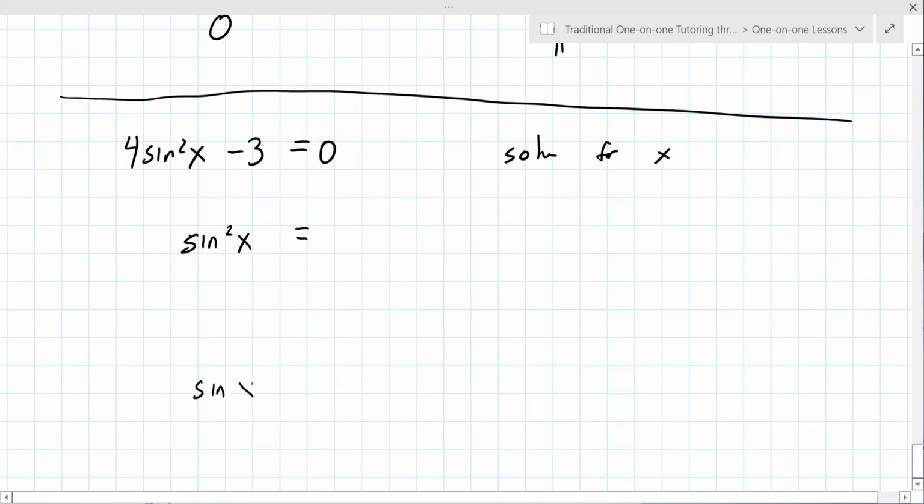Maybe you're giving me sine x. That's what I want. What does that equal? Sine x equals, what goes on the right side here? Square root of 3/4. Okay, and what does that reduce to?